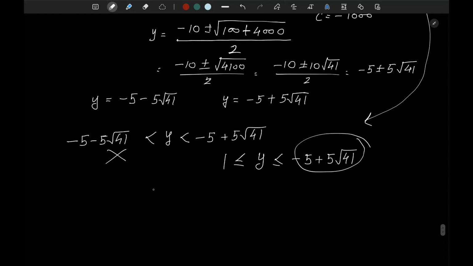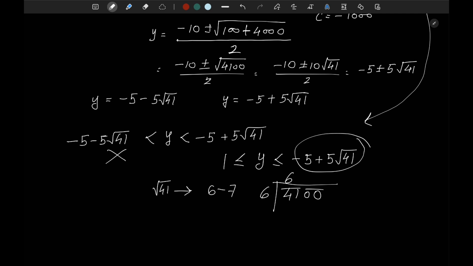So first we have to find root 41, and from intuition we can see that this will be somewhere between 6 and 7. Why? Because 6 square is 36 and 7 square is 49, so it will be less than 7 and greater than 6. The exact value, let's go by the crude method, let's write in this form.